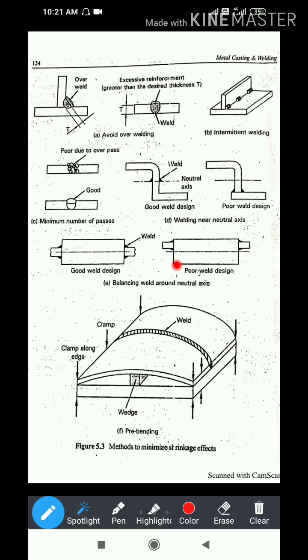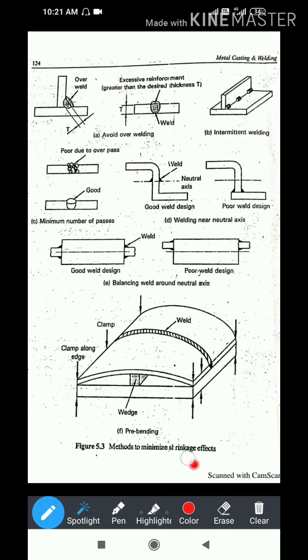The welding design or welding spot should be designed in such a way that it balances the neutral axis so that the shrinkage effects can be avoided or controlled.